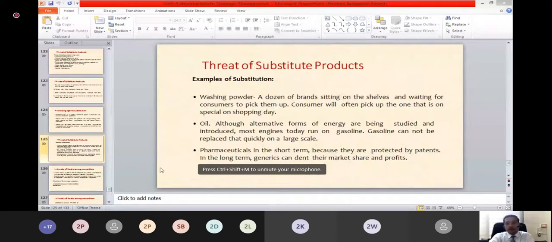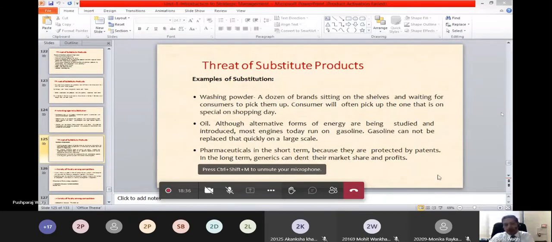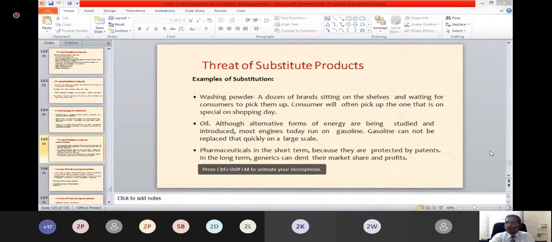Pharmaceutical companies, if you observe in the short term, are protected by patents. Pharmaceutical companies usually take the benefit of this legal protection from substitution by getting protected with the help of a patent.